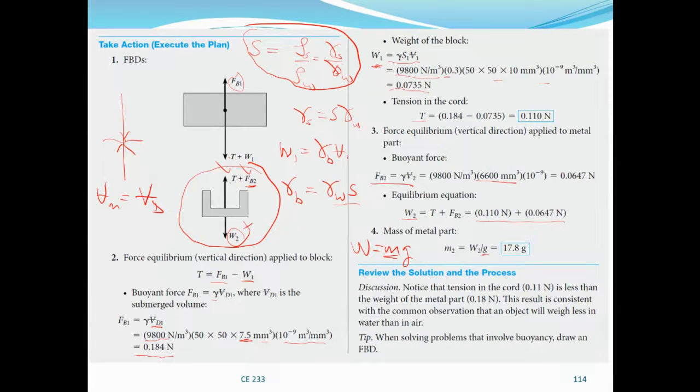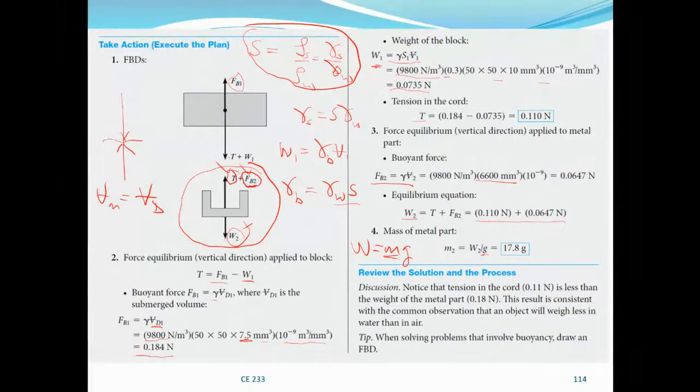If it were in air, the tension in the rope would have to be exactly balanced by the weight. But because of the contribution of the buoyant force FB2, which is helping to balance the weight W2, the tension is less than the weight.